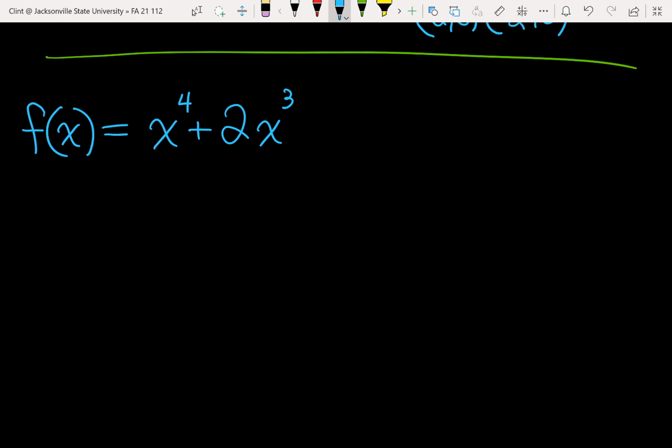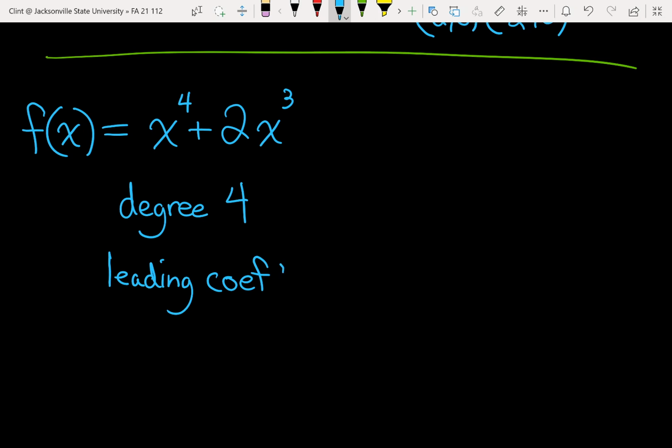On this one, finding the degree and the leading coefficient's a piece of cake. Here our degree is 4, just our biggest exponent. And our leading coefficient, in this case, is just a 1, so that's positive. That makes this one quick to figure out the end behavior.